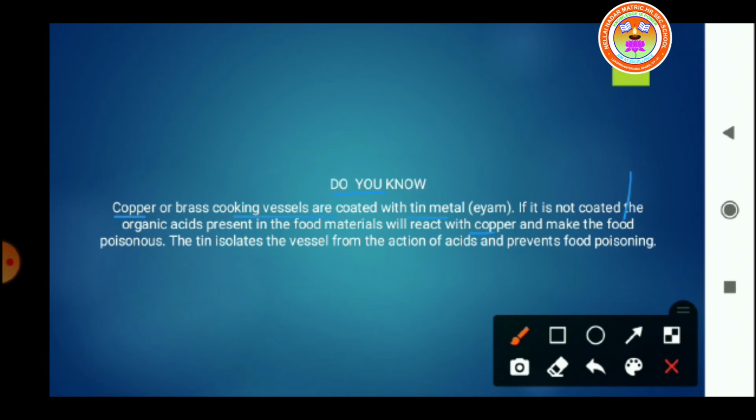If it reacts with the copper, it makes the food poisonous. So what is the role of tin here? Tin isolates the vessel from the action of acids and prevents food poisoning. That's why we coat copper vessels using tin. Now clear this?